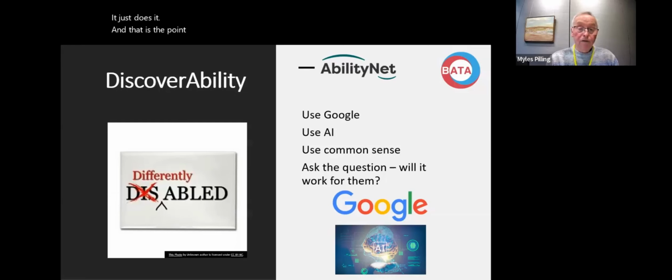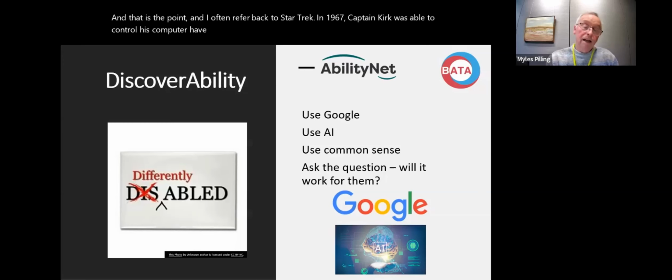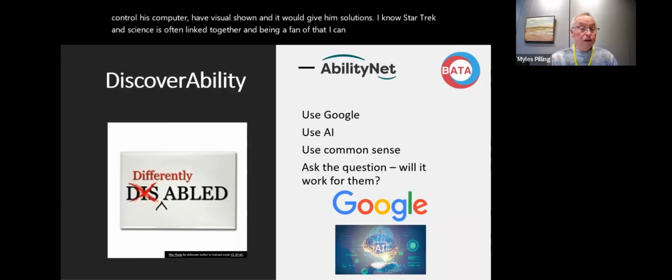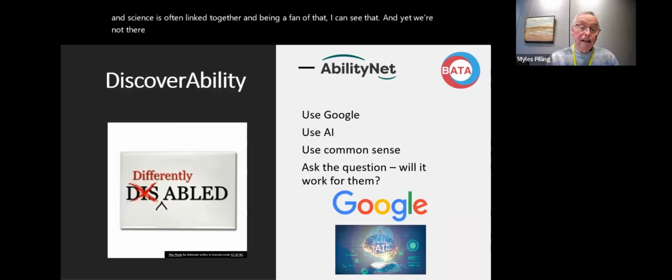And I often refer back to Star Trek in 1967. Captain Kirk was able to control his computer, have visuals shown, and it would give him solutions. I know Star Trek and science is often linked together, and being a fan of that, I can see that. And yet we're not there quite yet. It's there, but we haven't joined the dots.